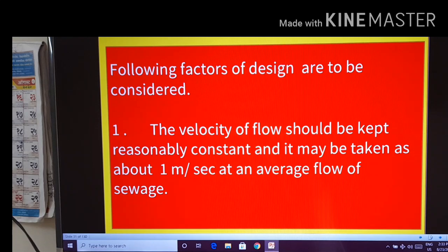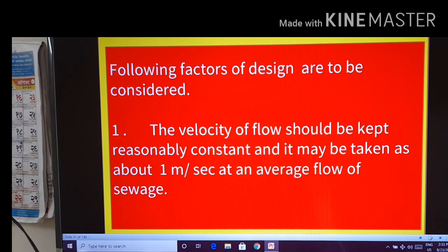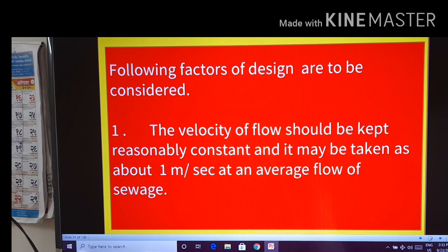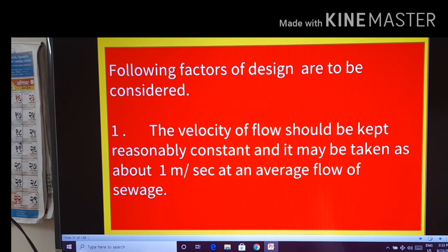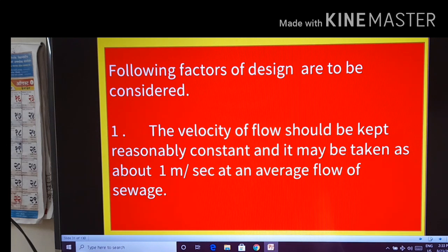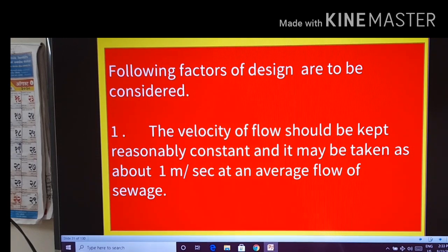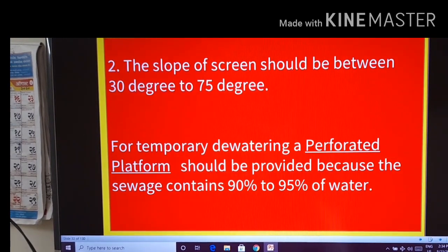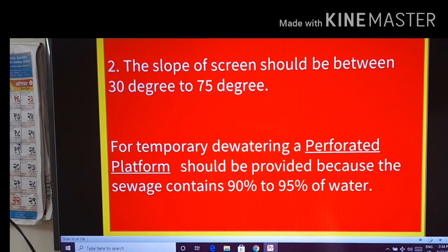First, the velocity of flow should be kept reasonably constant and it may be taken as about 1 meter per second at an average flow of sewage. Second, the slope of the screen should be between 30 degrees to 75 degrees.